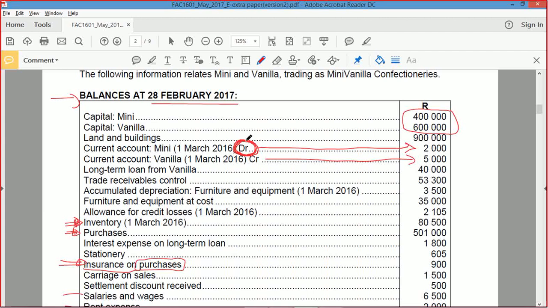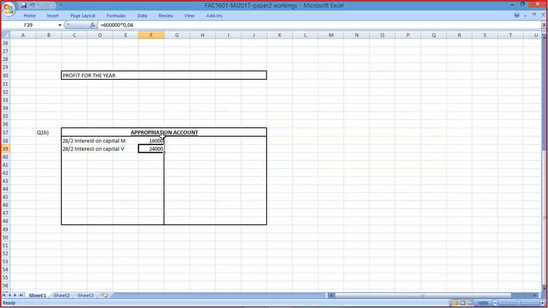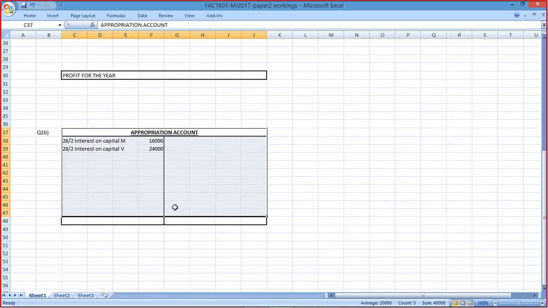So if M is owing the partnership, when he's being charged interest, is the partnership going to get something from M, or does the partnership have to pay something to M? M is going to have to pay the partnership, the partnership doesn't pay M. Exactly. Okay, M is going to have to pay the interest. So what is that going to do to appropriation, debit or credit?